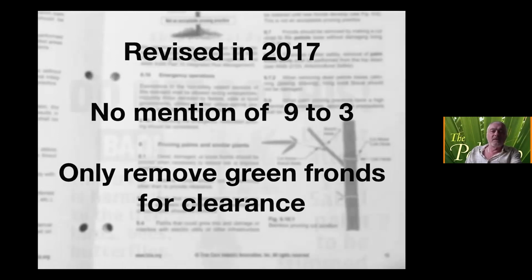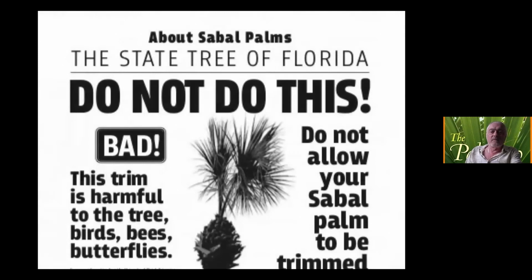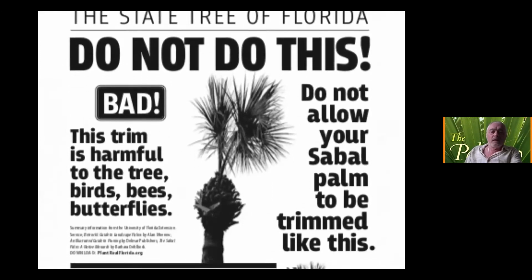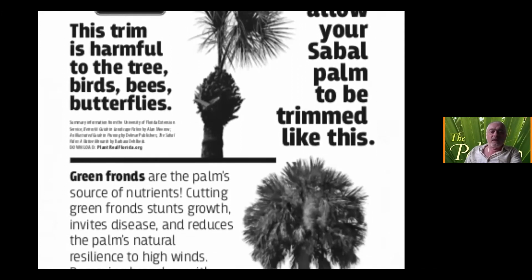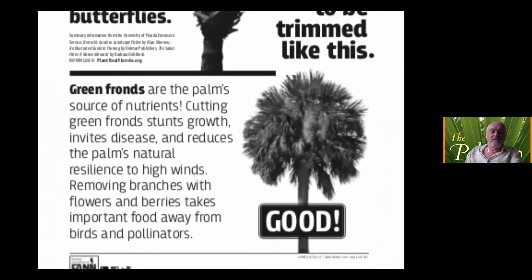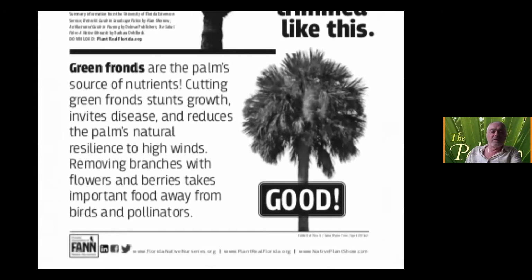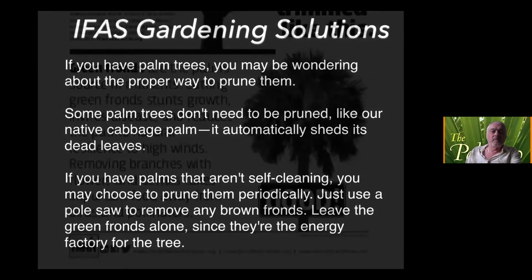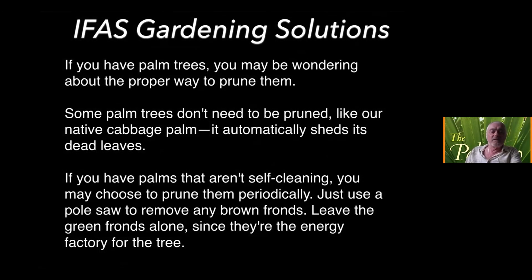But otherwise, that's not the current recommended practice. This is very common; homeowner associations struggle with this issue where palms are frequently overpruned. Here's what IFAS said. They're kind of internally contradictory, but they again say, just leave the green fronds, particularly on the cabbage palm.